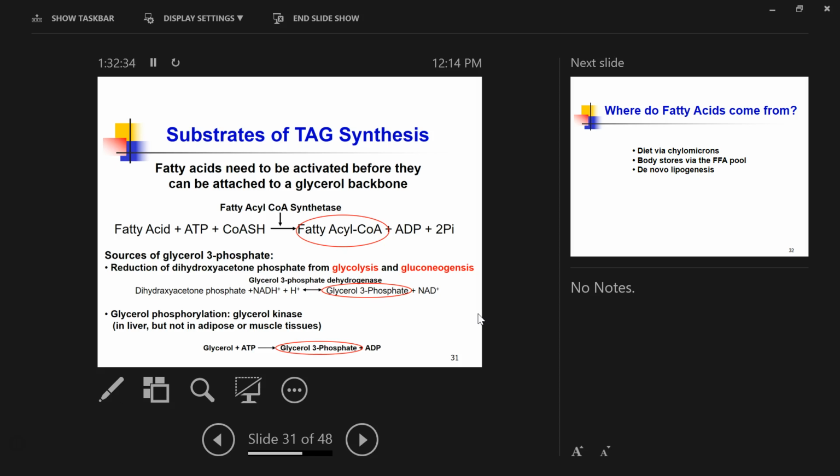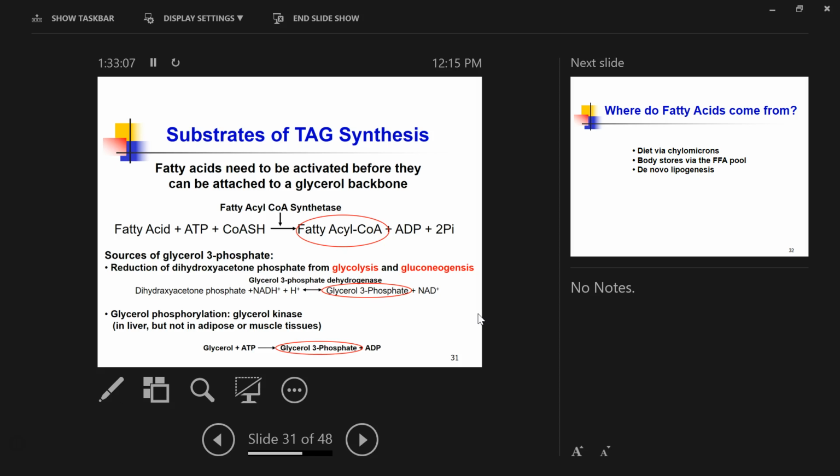One of the important processes is that glucose can be metabolized to generate the glycerol 3-phosphate backbone, right? So glycolysis, particularly, can generate the glycerol 3-phosphate backbone from glucose. Remember this, right? So this is one of the important sources of glycerol 3-phosphate.